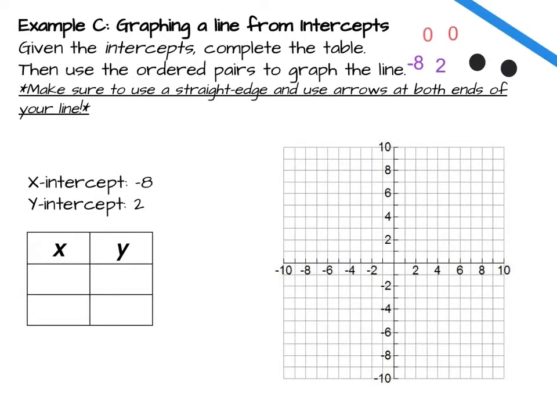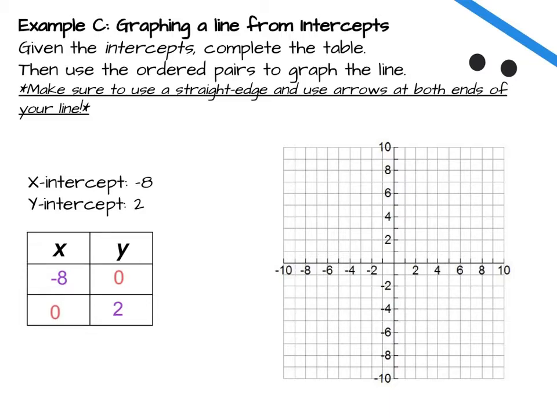Let's try one more example together, and then in the next example, you can try on your own. So this one, the x-intercept is -8, and when x is equal to -8, y is equal to 0. And the y-intercept is 2, and that's where the x value will be equal to 0.